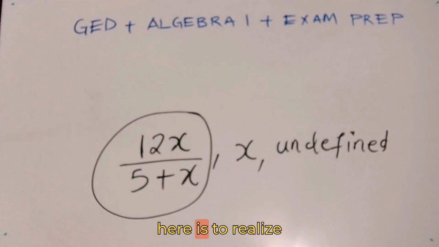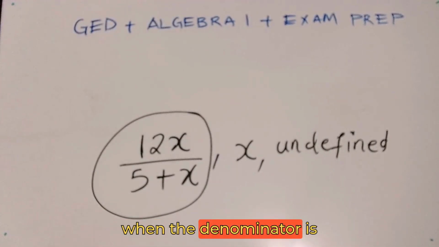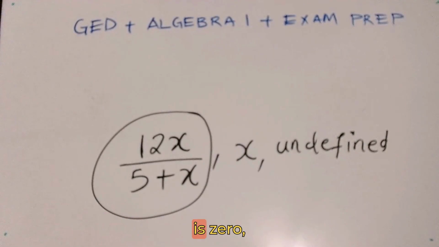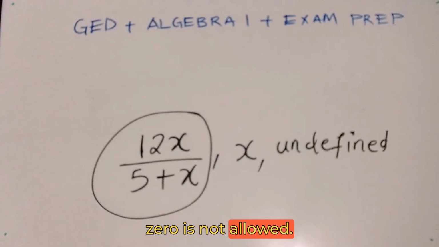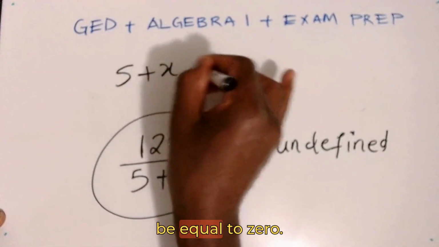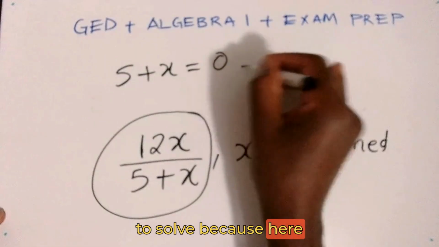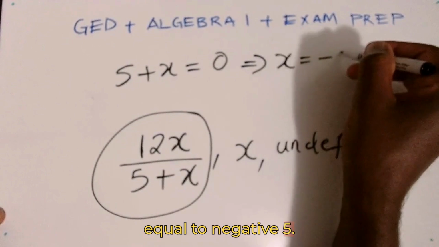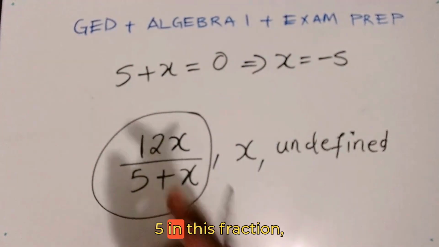So the key thing here is to realize that a fraction is undefined when the denominator is 0. Why? Because division by 0 is not allowed. So we are going to set 5 plus x to be equal to 0. And this becomes easier to solve because here we know that x is equal to -5. So when x is -5, this fraction is undefined.